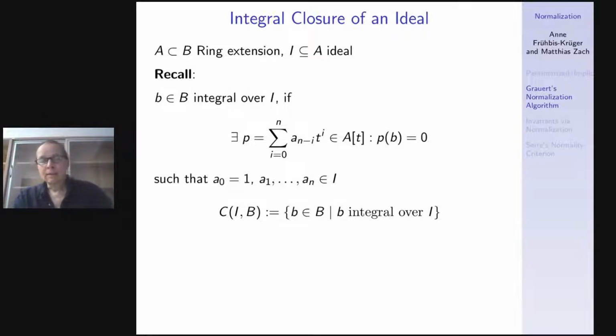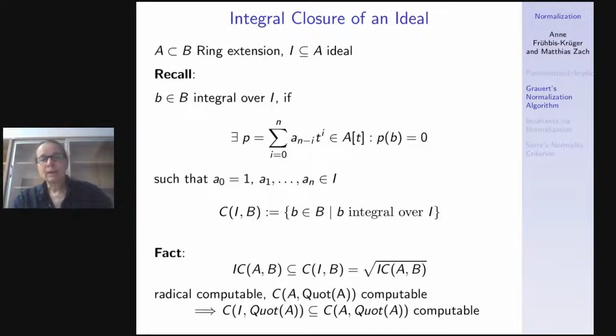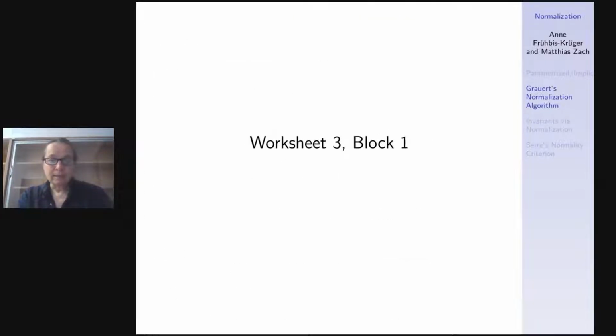And then, completely similar to the case before, you can talk about the integral closure of I in B. And luckily, you can compute it because the integral closure of A in B is computable. You can compute a product of an ideal with a ring, and you can compute radicals. So in this way, everything is computable for the integral closure of I in A. And this is that part of the lecture.